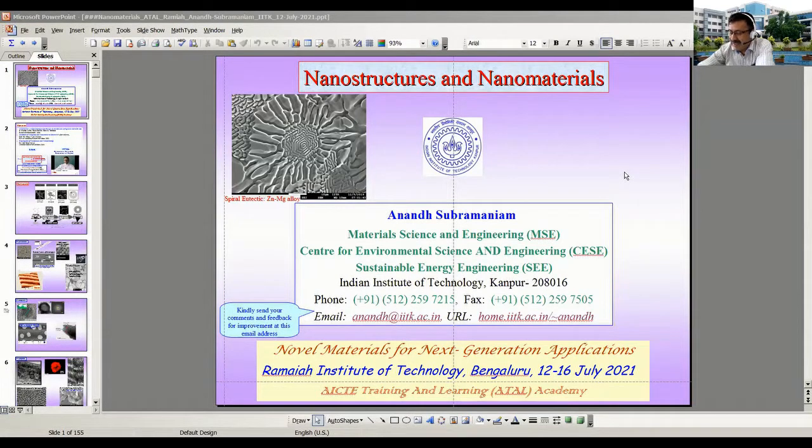He has recently established the IIT Kanpur wing of the Multi-Institutional Center on Hydrogen Energy Systems under the aegis of the DST Energy Storage Platform on Hydrogen, which is located in the Center for Environmental Science and Engineering at IIT Kanpur. He is one of the founding members of the Department of Sustainable Energy Engineering at IIT Kanpur, which has hydrogen energy as an important focus area. That's Dr. Subramanian for you. Sir, the screen is yours. We look forward to your talk.